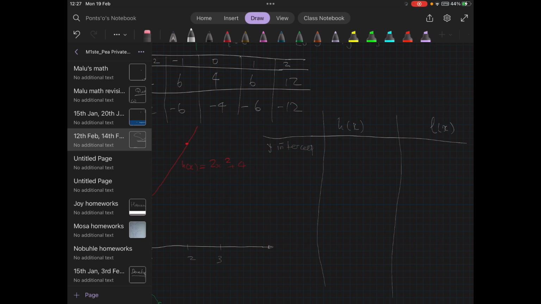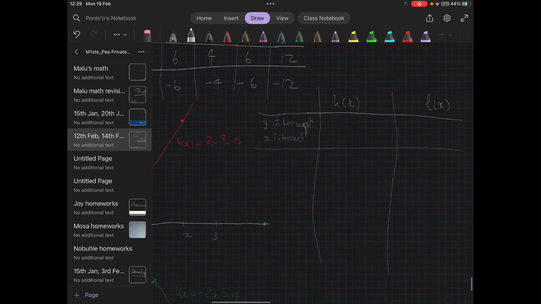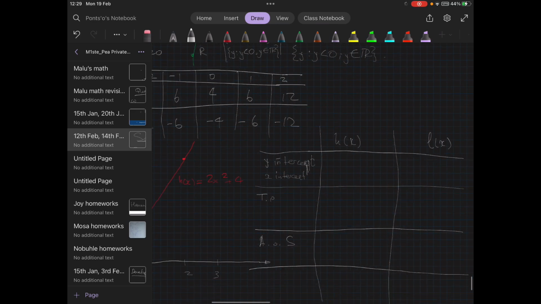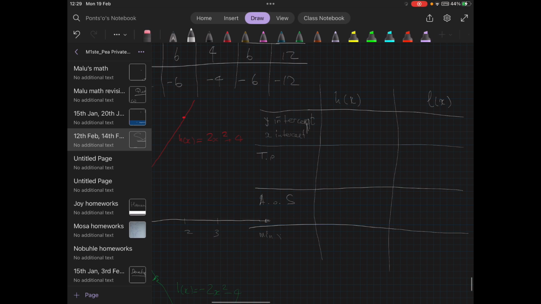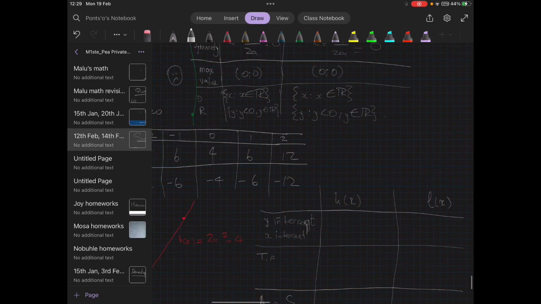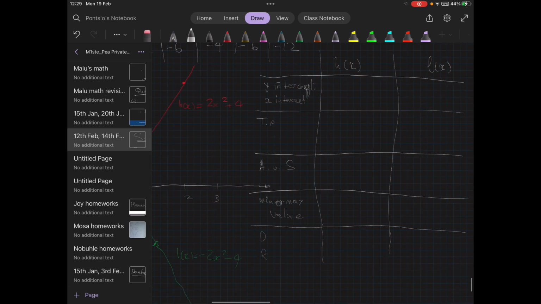Y-intercept, x-intercept, turning point, axis of symmetry, minimum or max value, and the domain and range. Alright.